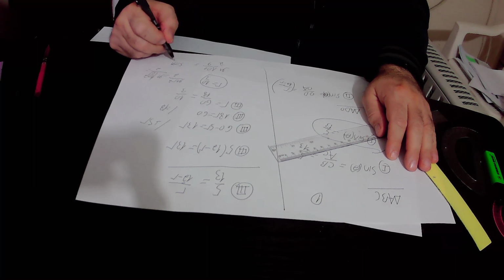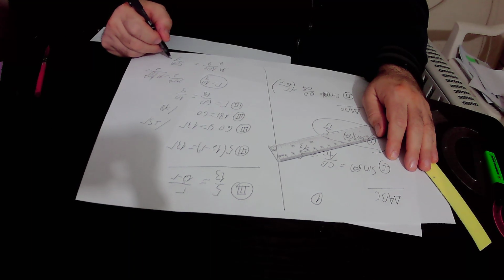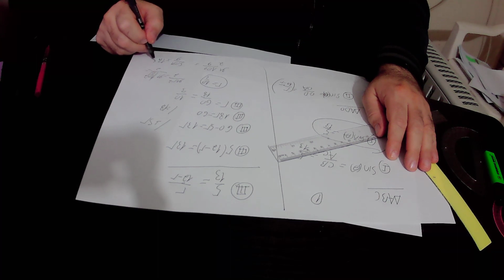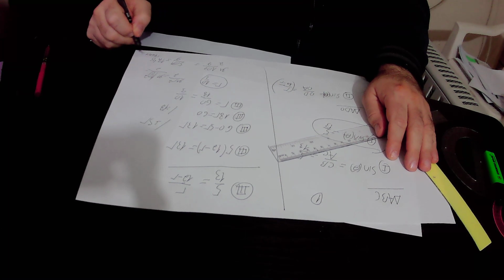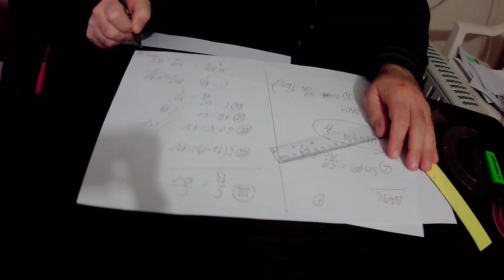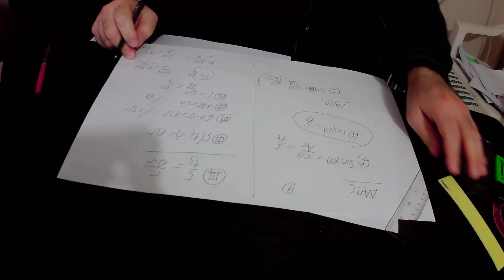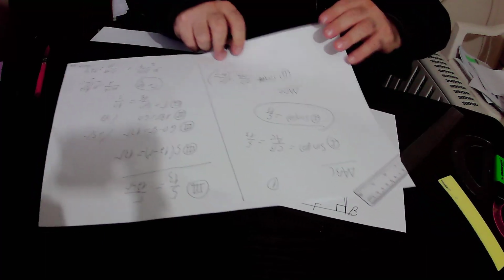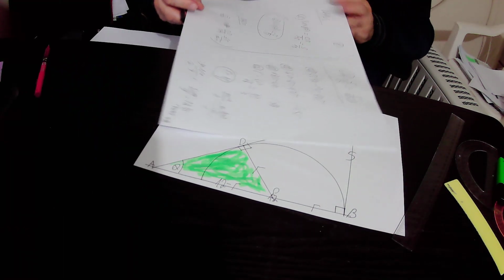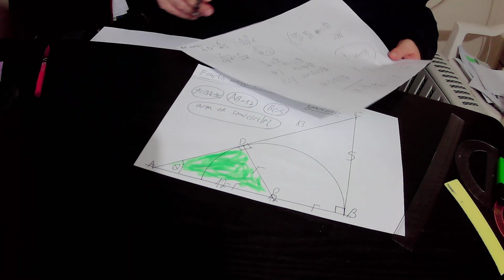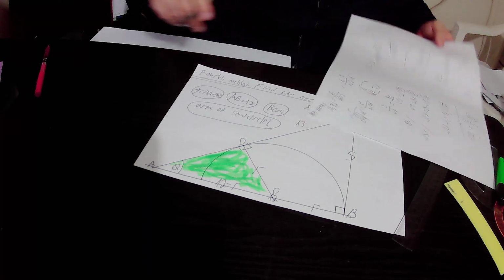So it is 50 pi over 9 square units, or in terms of numbers, it equals 17.45 square units. Okay, so that is the area of the semicircle according to the fourth method.